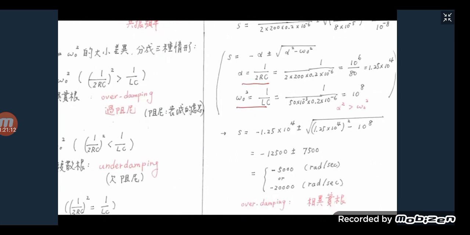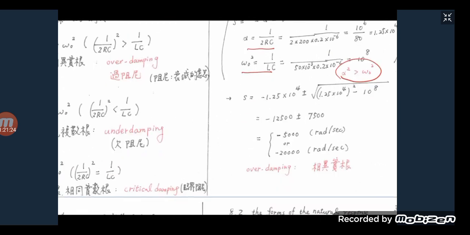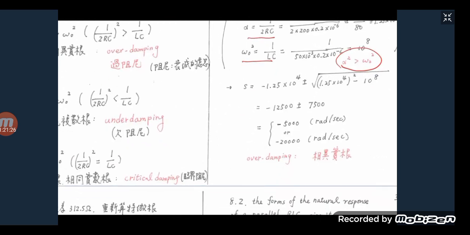Here you can see that currently it's the first case, alpha squared is greater than omega 0 squared, because the two roots are minus 5,000 and minus 20,000.